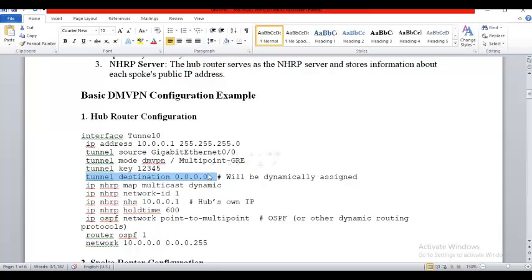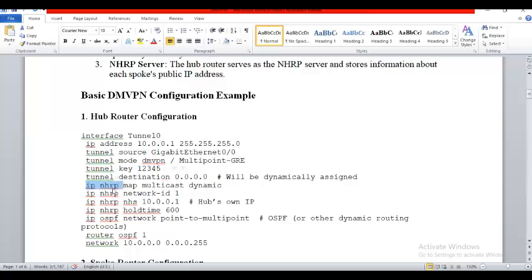So simple. These 5 lines should not be a problem for you: IP address, source, destination, mode, key. Next is for NHRP, because with the help of NHRP only, the learning happens.